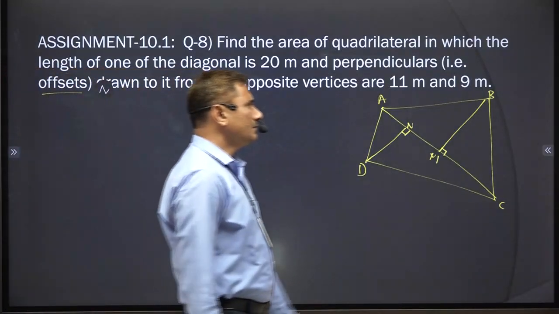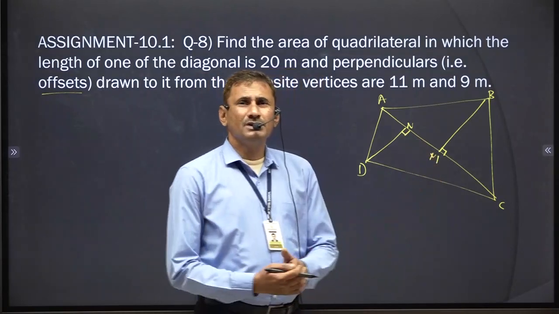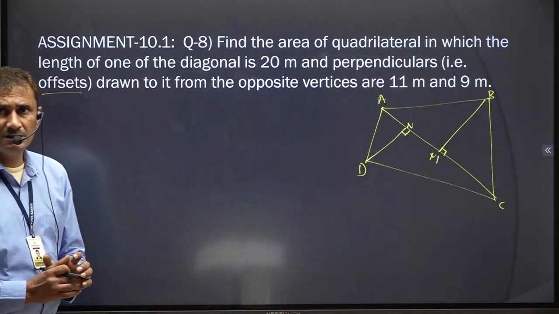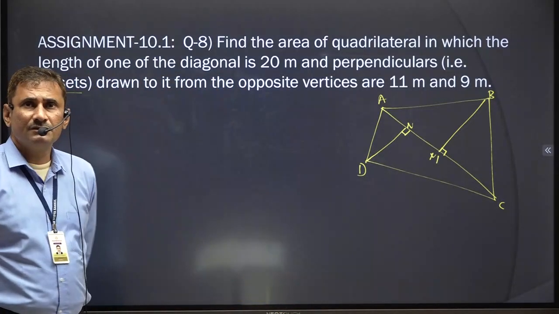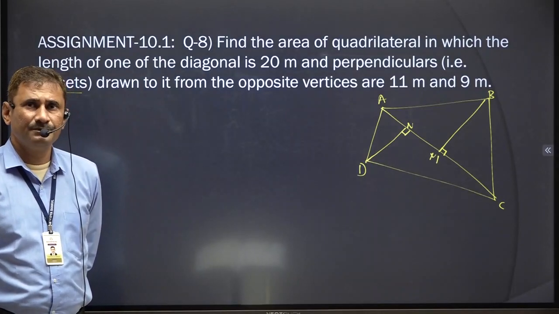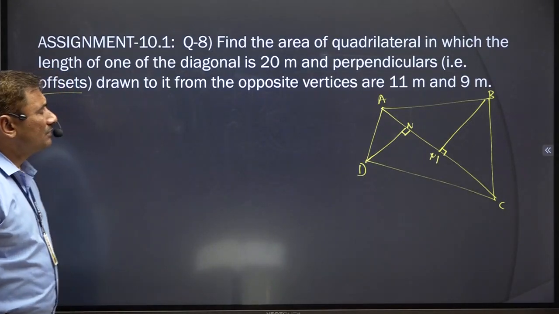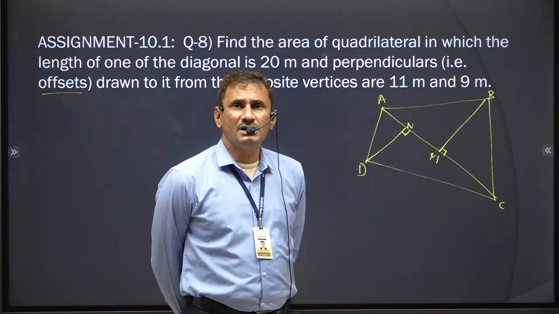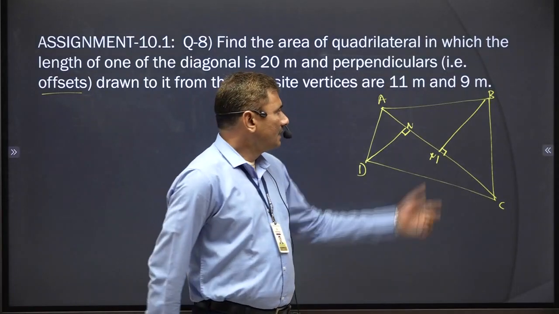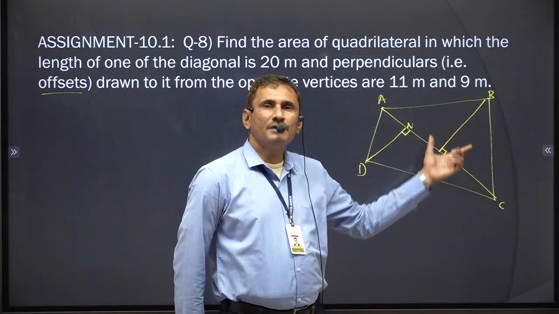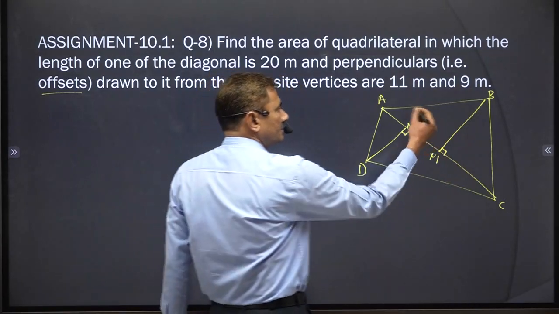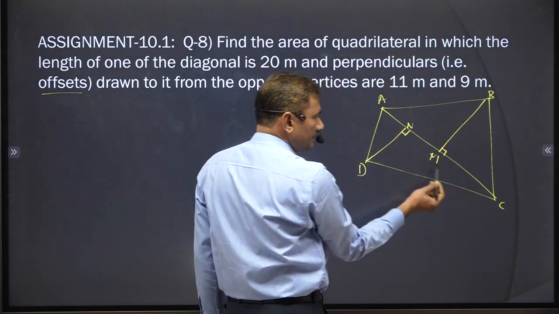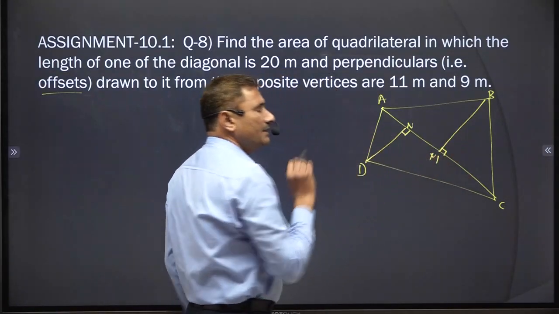Due to joining a diagonal, our quadrilateral is divided into two triangles, triangle ABC and triangle ADC. So it is not new how to find the area of the quadrilateral, because you know how to find the area of a triangle. For triangle ABC, the area is half into base into altitude, so half into AC into BM.